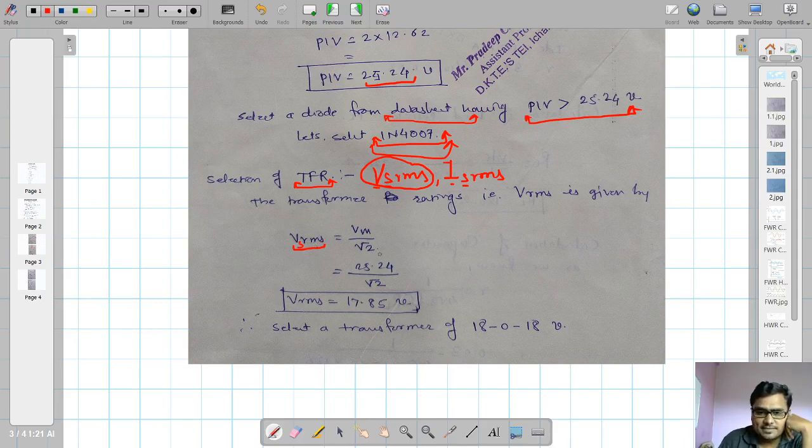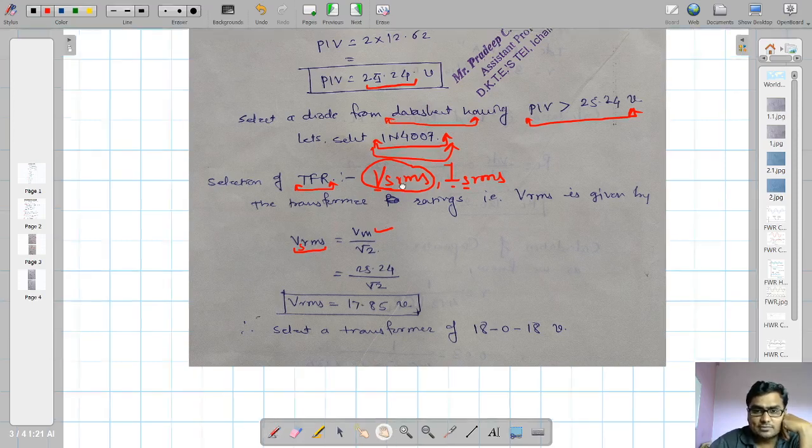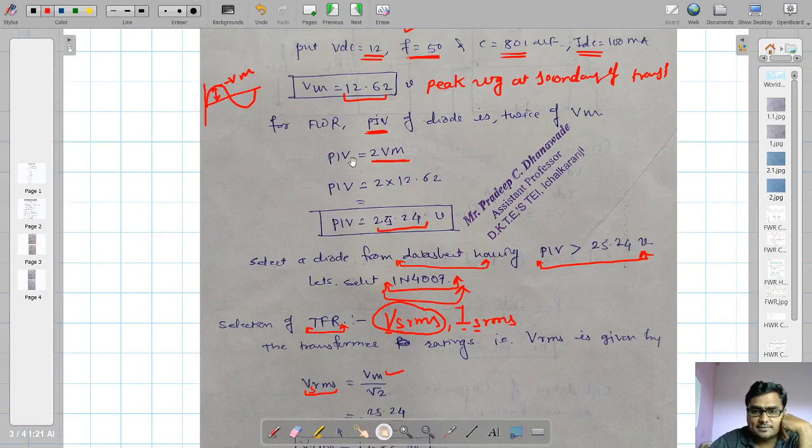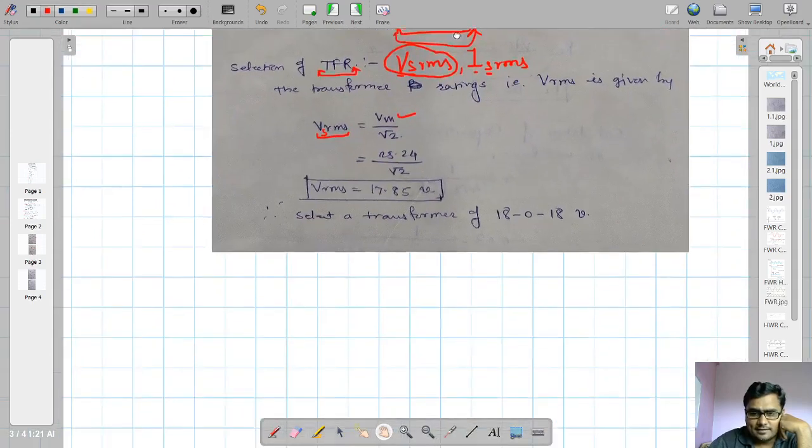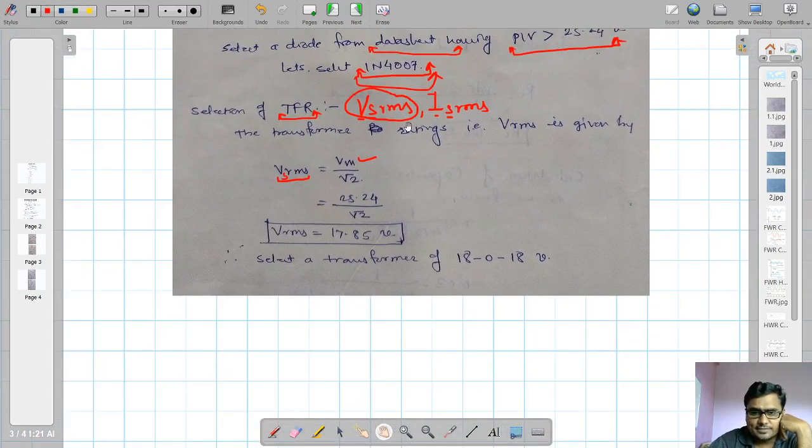It is Vm divided by root 2. What is the value of Vm? Vm you have already calculated. In the diode selection, you have calculated Vm equals 12.62. So this 12.62 I'm going to put here. Vm is equal to 12.62.